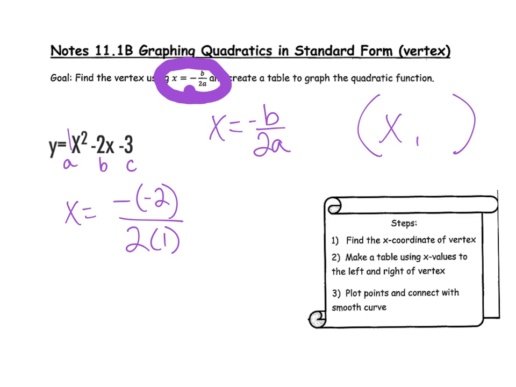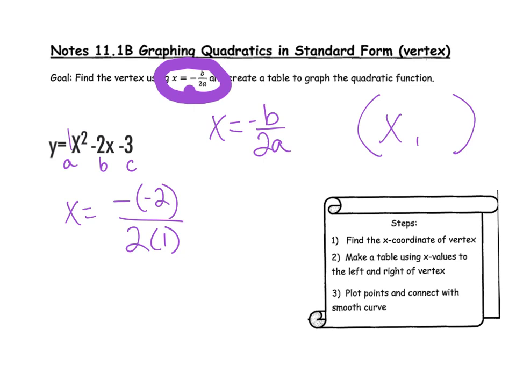Where have you heard negative b all over 2a? Quadratic formula. So the thing missing is something that you'll learn later called the discriminant. This is like a partial quadratic formula right here, but everything weaves together and integrates together as far as the factoring, quadratic formula, and table of values parabolas.